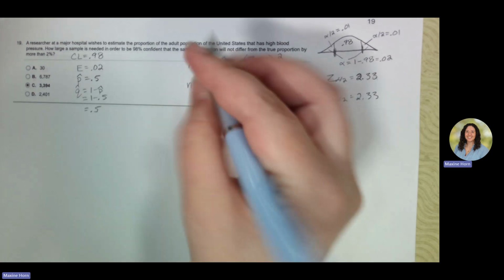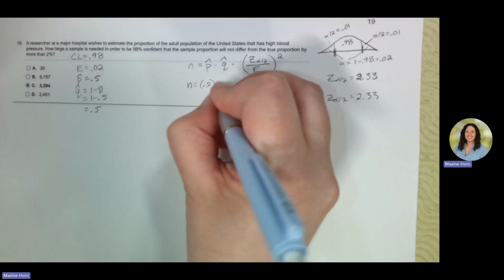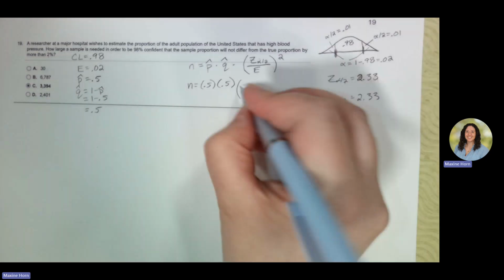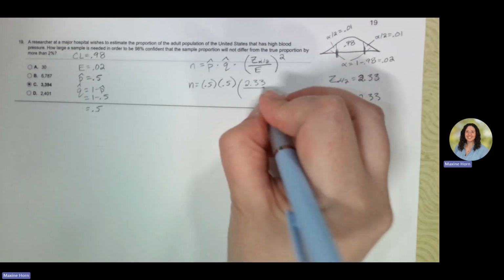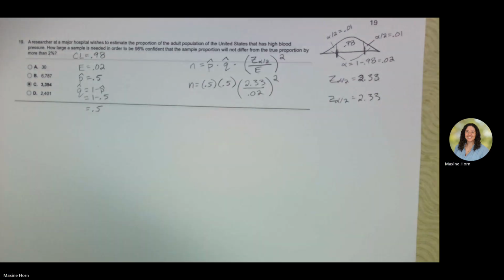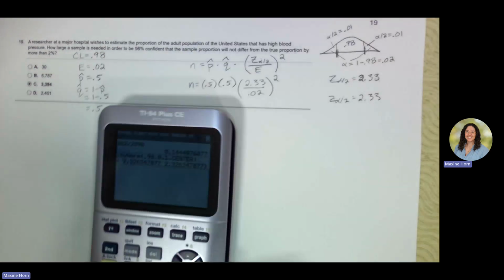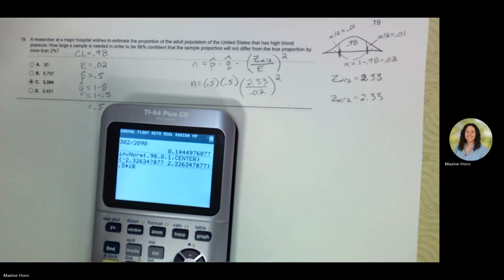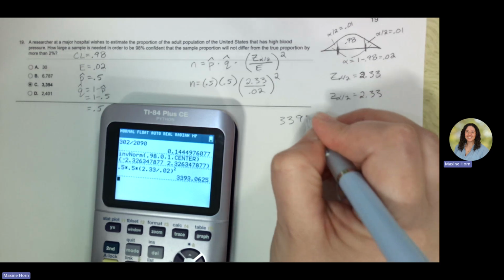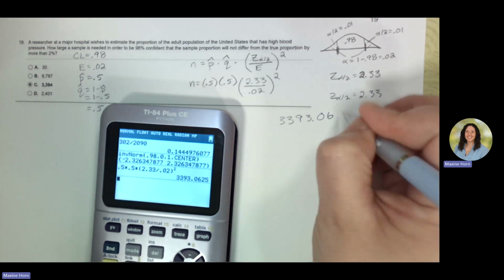Okay, so I'm going to be a little excessive with my parentheses just because we have so much going on here. 0.5 times 0.5 times 2.33 over 0.02, all to the second power. Okay. So again, we're getting a number that isn't just a random arbitrary number.